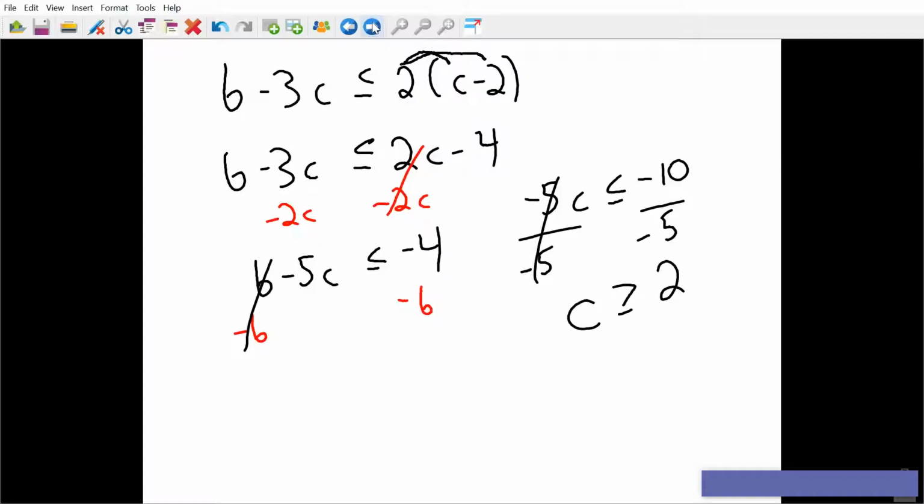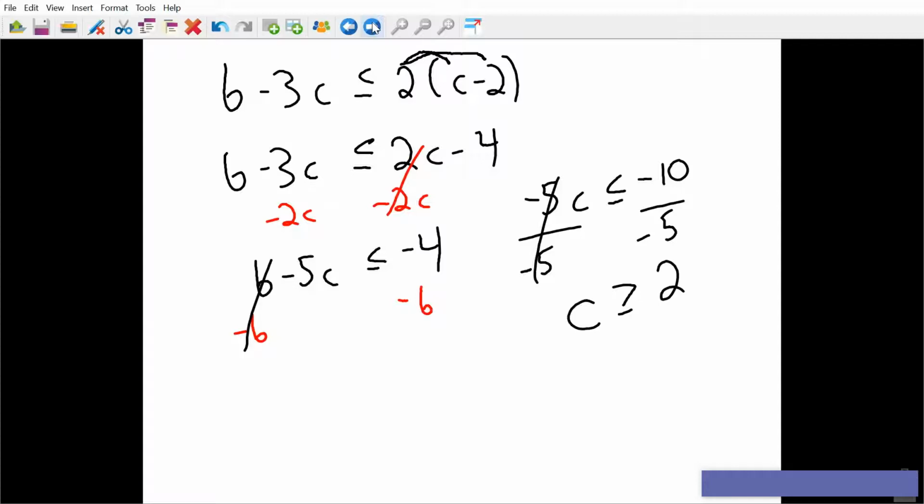First thing we want to do here is distribute on the right side to get rid of the brackets. Then we want to isolate the variables. So we bring all the c's over to the left side. We minus 2c from both sides. Next, we have to move the 6 to the other side to get the c by itself.